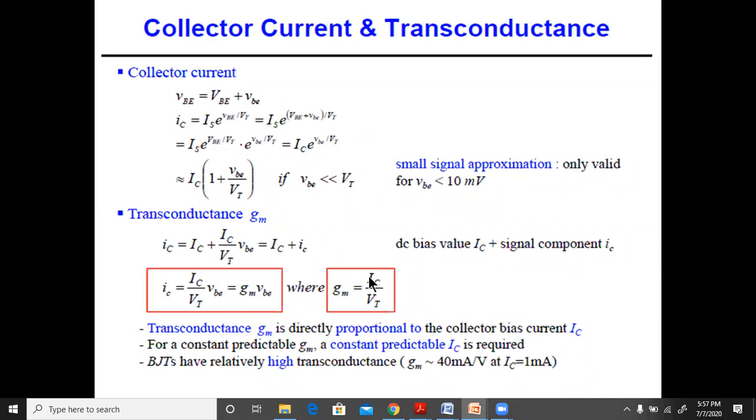So 1 milliampere divided by 25 millivolts gives us 40 milliamperes per volt. That is the value we can find for GM.